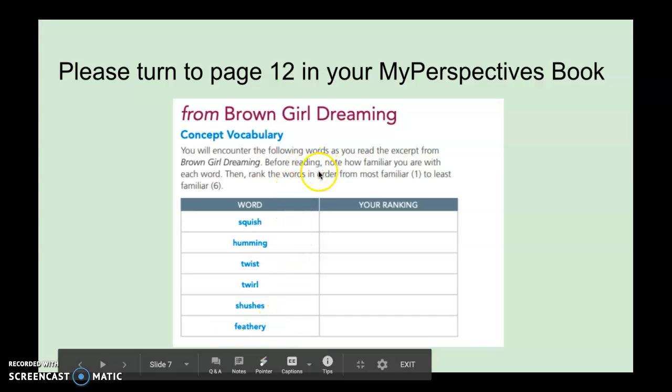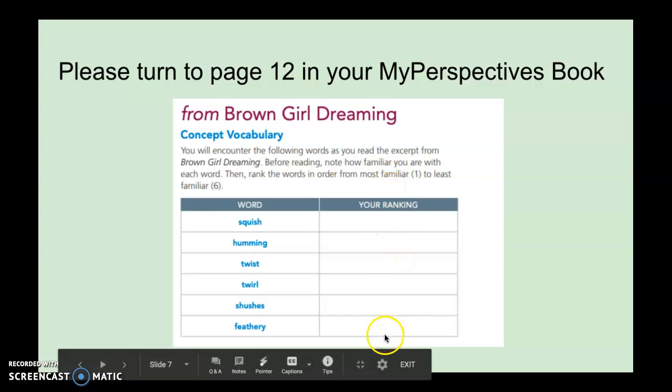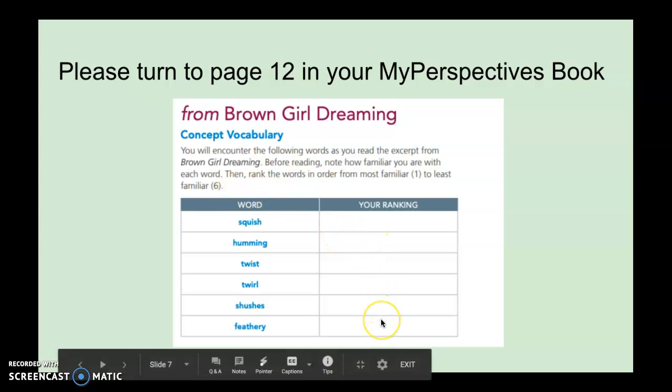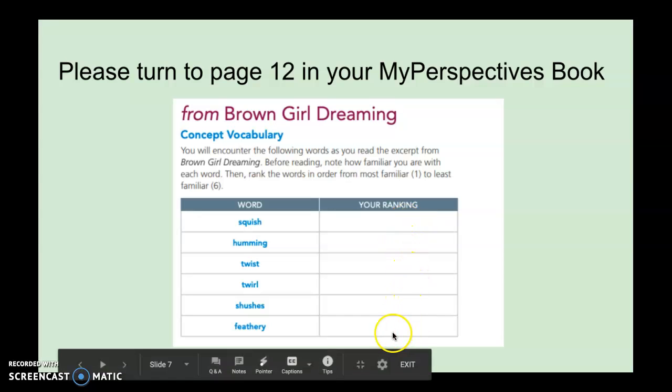Now, before you read, I want you to rank your understanding of these words. So you're going to put a 1 next to your most familiar word and then a 6 next to your least familiar word. So you will be using the numbers 1, 2, 3, 4, 5, and 6. And each one will have its own number.